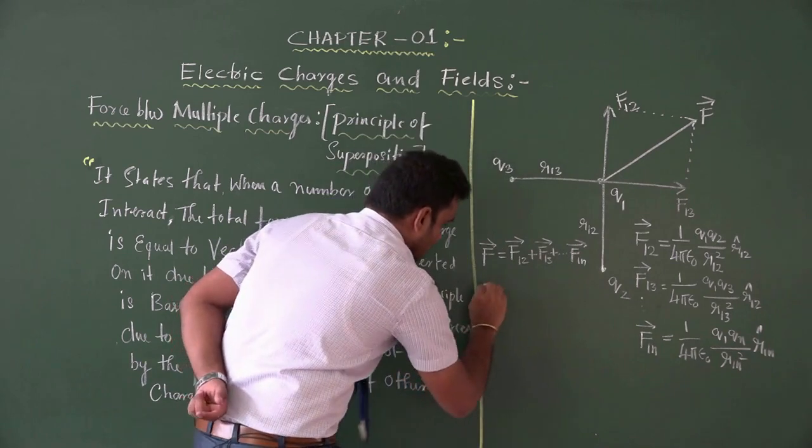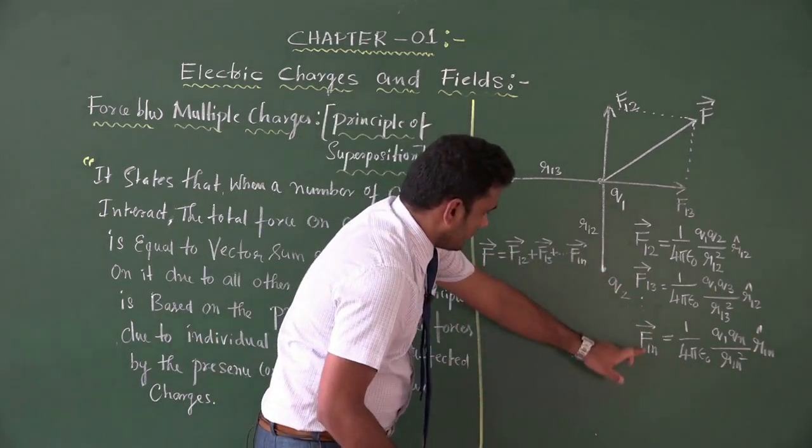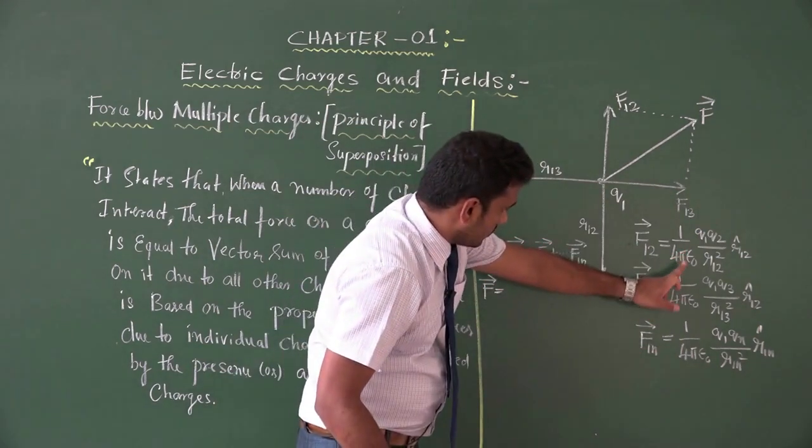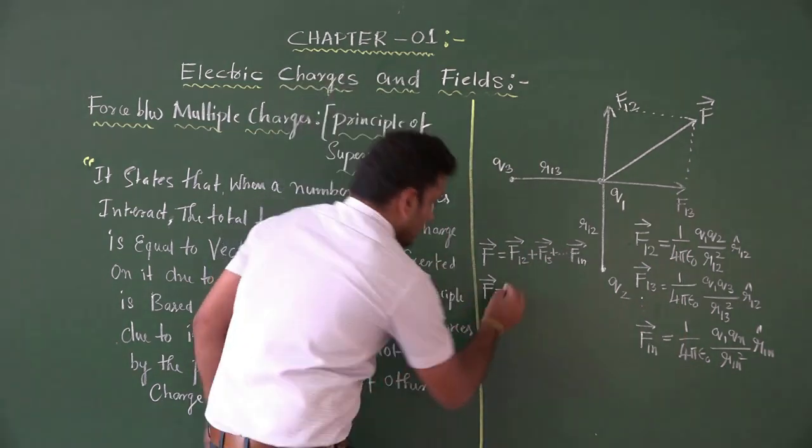So we need to add F12, F13, F1n. Look at this equation, 1 over 4 pi epsilon naught is common, I am taking it as common.